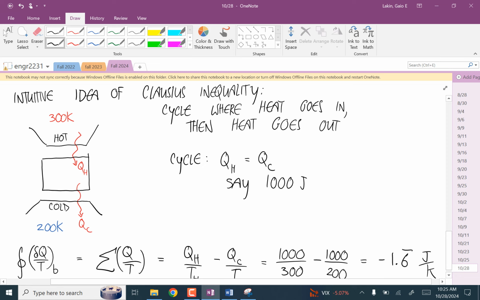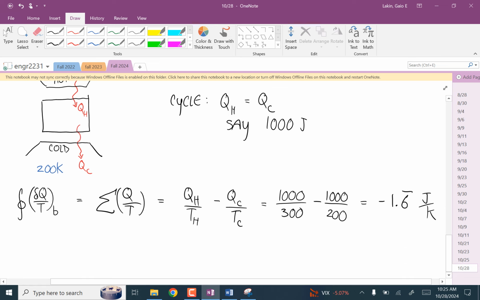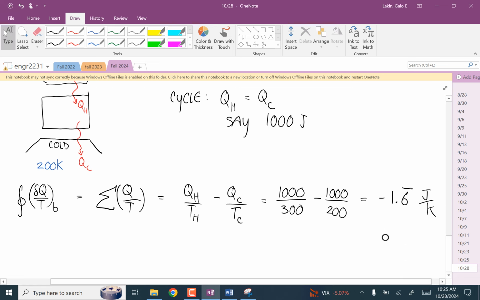It always has to go from higher to lower. Okay, so that simplest idea of the second law of thermodynamics says that the hot reservoir has to be a higher temperature than the cold reservoir. And so when you transfer the heat in that direction from higher to lower, this expression comes out to be negative.